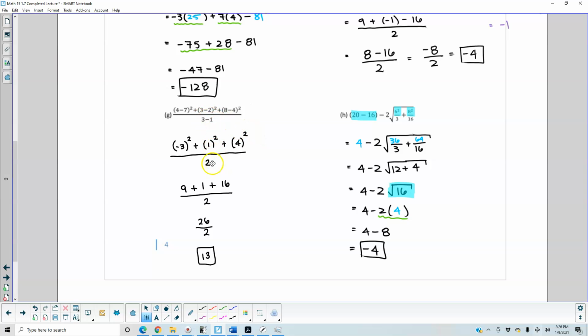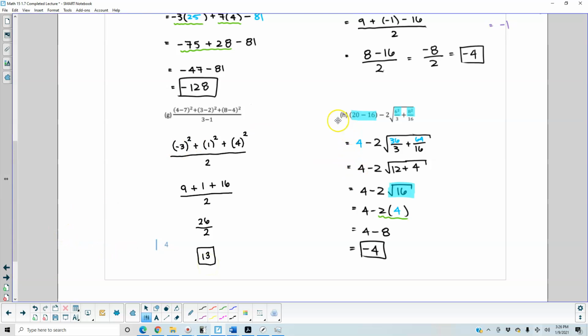Now 3 minus 1 gives us 2. Now the next step is to evaluate our exponents. So negative 3 squared is positive 9, 1 squared is positive 1, and then 4 squared is positive 16 over 2. Now let's add our numerators. So 9 plus 1 plus 16 is 26, and 26 divided by 2 gives us 13.